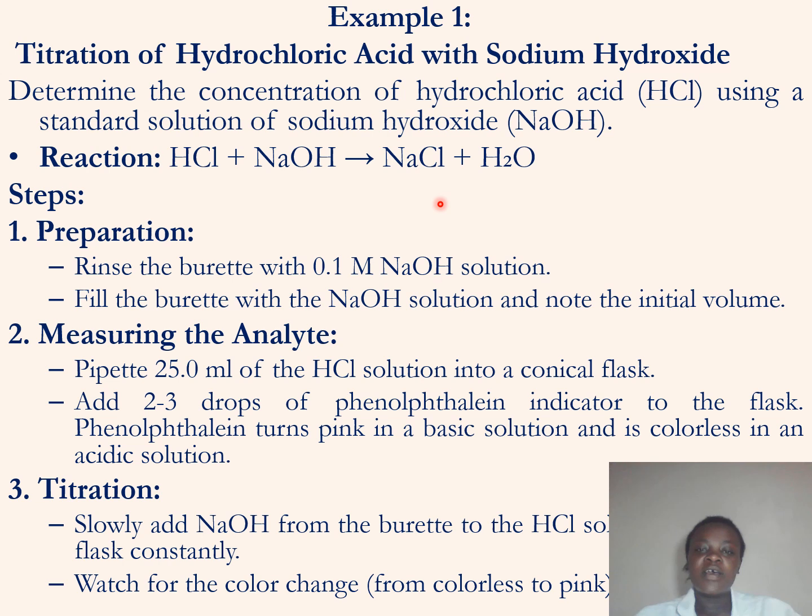We know the volume and the concentration of sodium hydroxide. The reaction that will take place shall be between hydrochloric acid and sodium hydroxide to give us sodium chloride and water. So step number 1, we said it is preparation. We first rinse the burette with the sodium hydroxide solution.